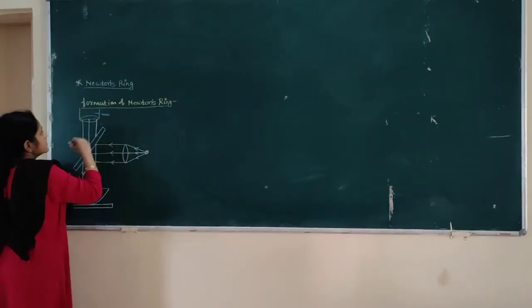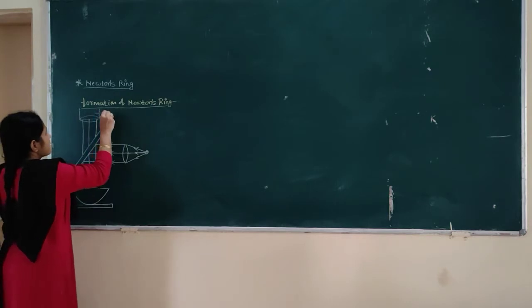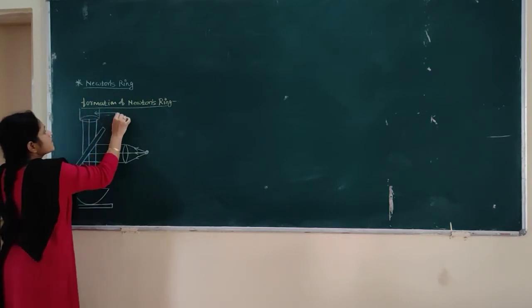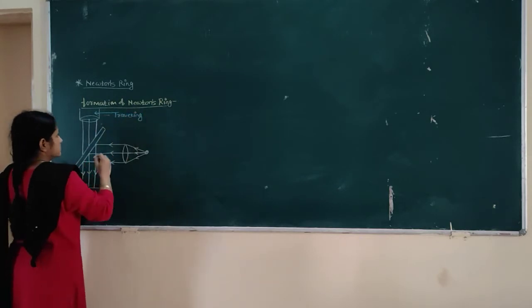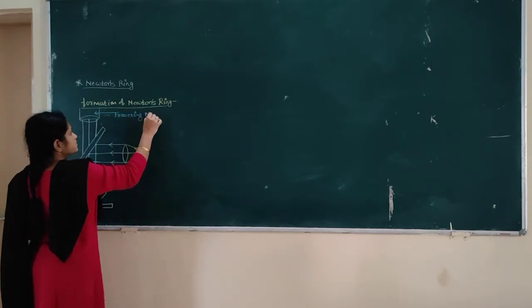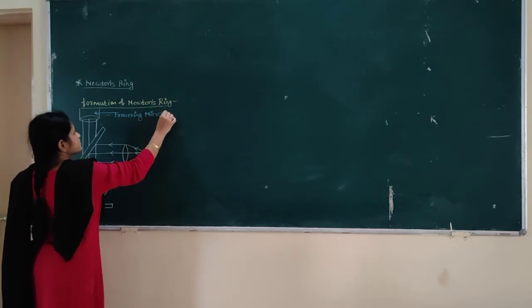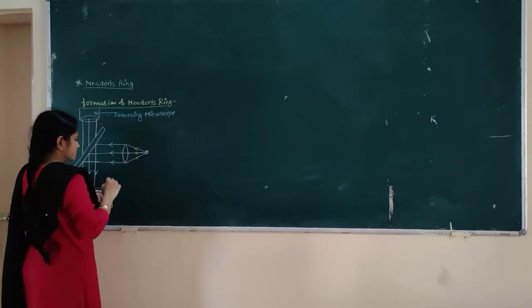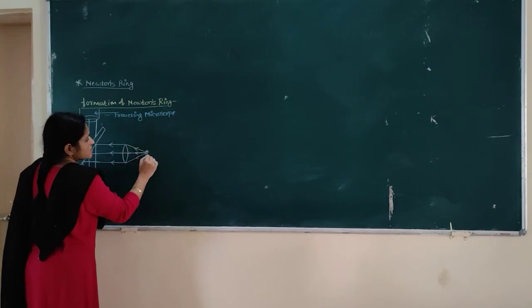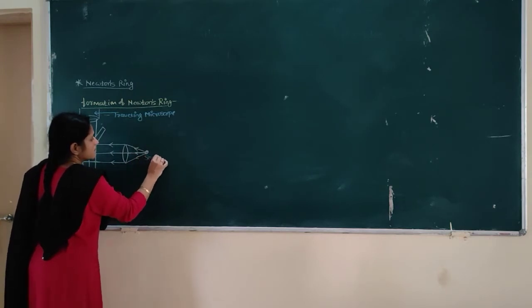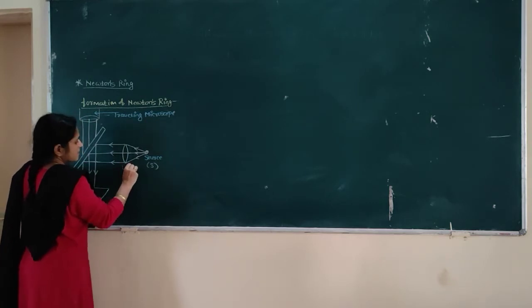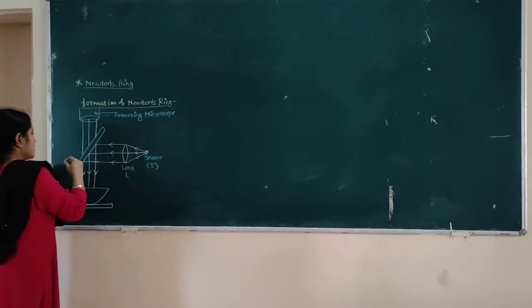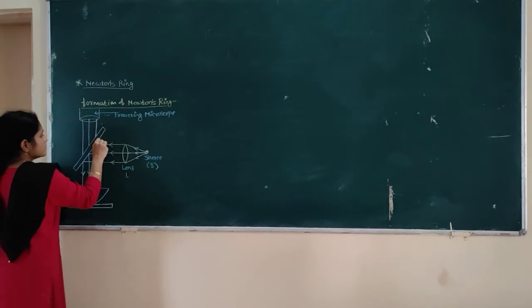Now this is the traveling microscope. Now this is the source of light. This is lens L. Now this is the plain glass plate which is inclined at 45 degree.